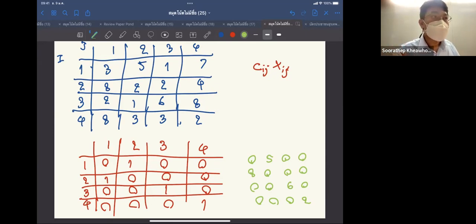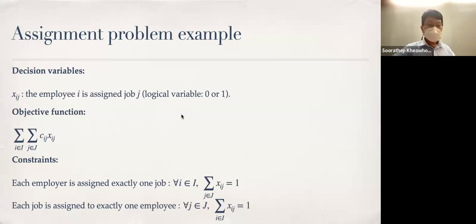Okay. So our objective function is just to minimize that. Oh, sorry, I have to switch back to this one again. All right.